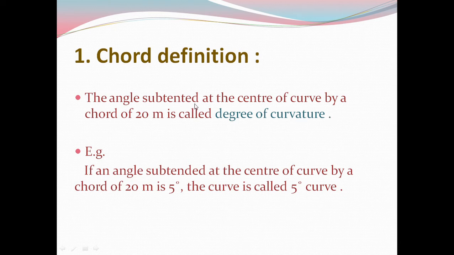You can take a standard length; not only 20 meter, you can go for 30 meter or 10 meter. Lengths of 100 meter, 30 meter and 20 meter have been used. Here I have taken 20 meter. Example: if the angle subtended at the center by a chord of 20 meter is 5 degree, the curve is called a 5 degree curve.